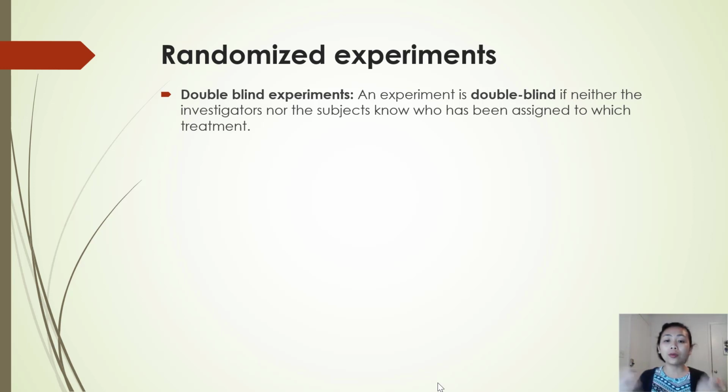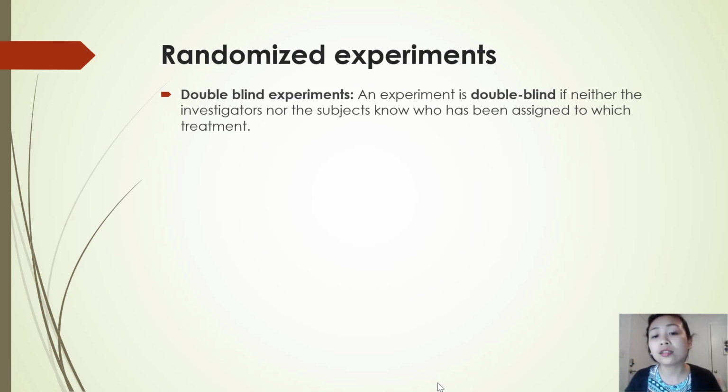For example, we put vitamins A and B into two bags without labels and give them to the groups. So neither the subjects nor the investigator know which treatment is given until we finish the treatment and look back at the records to figure out which person was given which treatment. So this is a double blind experiment.